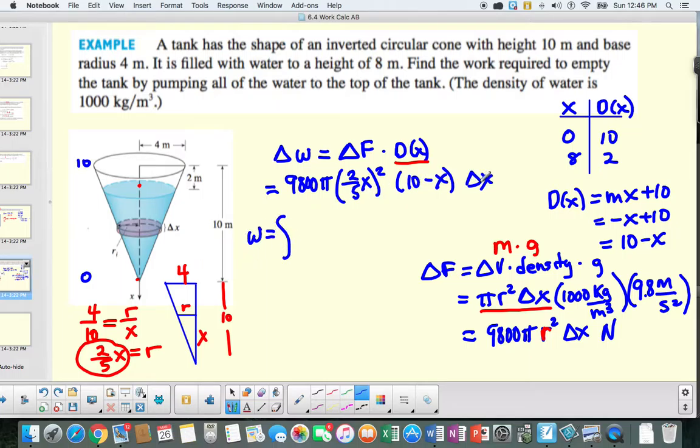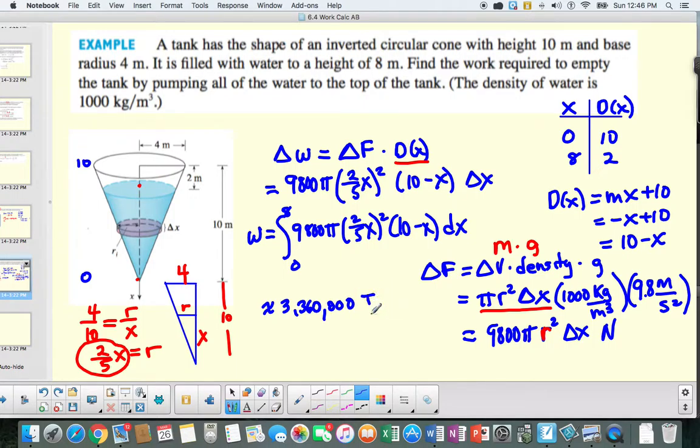And remember, my x's are going to go from 0 to 8, not 0 to 10, because there's no water between 8 and 10. So this is 0 to 8 of 9,800 pi times 2/5 x quantity squared, times 10 minus x, dx. When I put that in my calculator, I'm going to get about 3,360,000, and that's work, so it's joules.